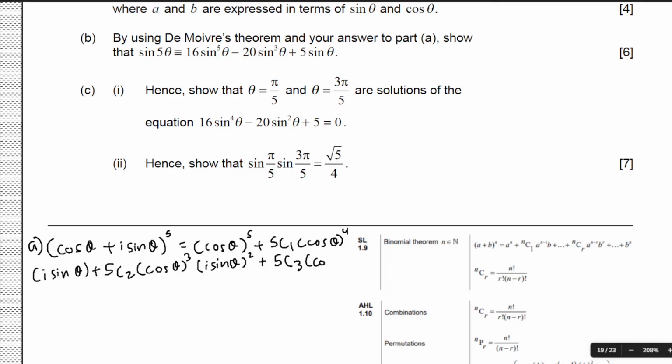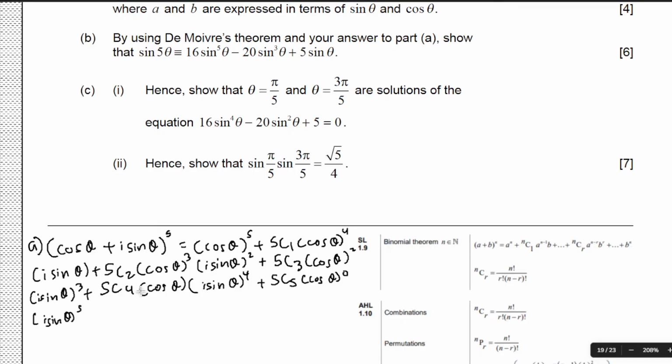So 5c3 cos theta squared (i sin theta) to the power 3, plus 5c4 cos theta to the power 1, so (i sin theta) to the power 4, plus 5c5 cos theta to the power 0 times (i sin theta) to the power 5.